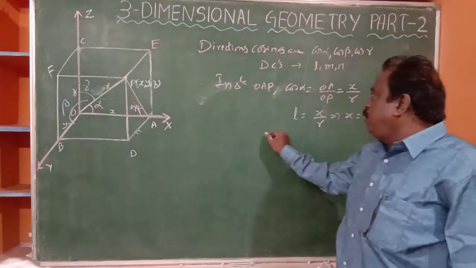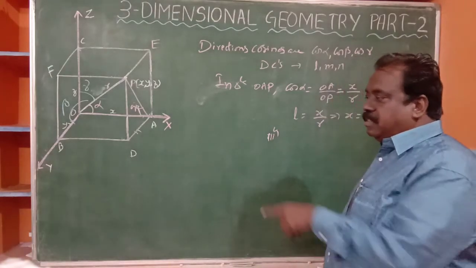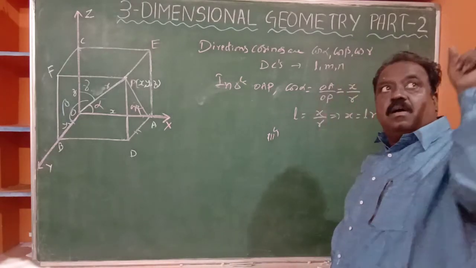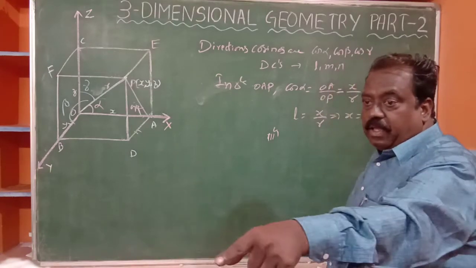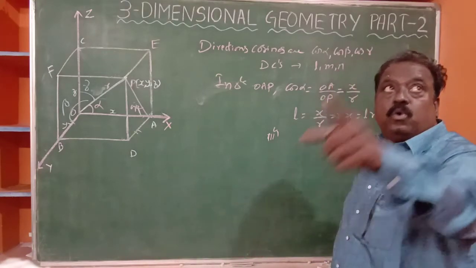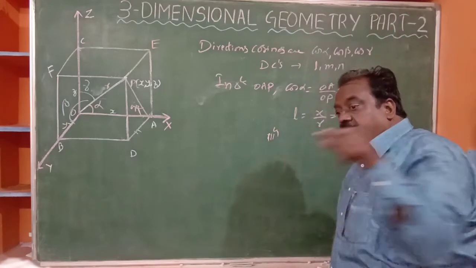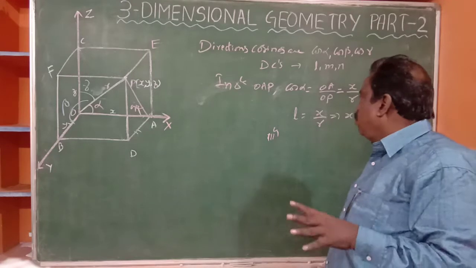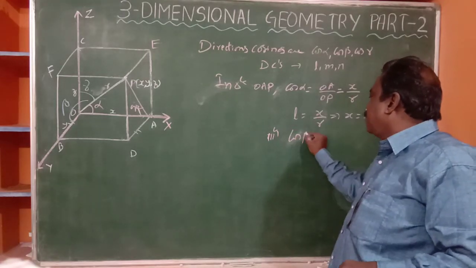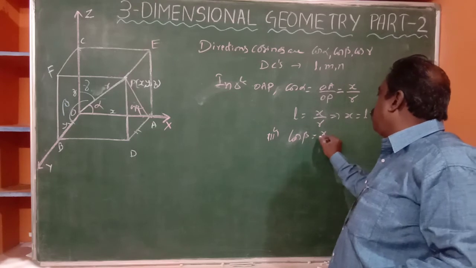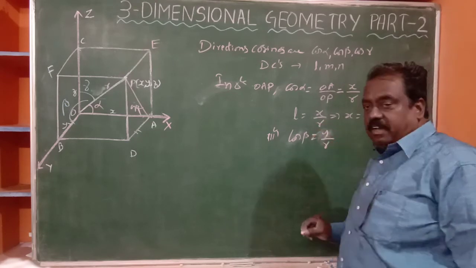Similarly, now we need to draw the diagram. OP is there, BP is there, OB, O to B on the y axis, and B to P is the diagonal of that wall. It is also 90 degrees. So very simply, cos beta is y by r.